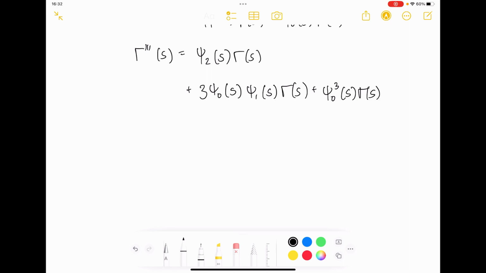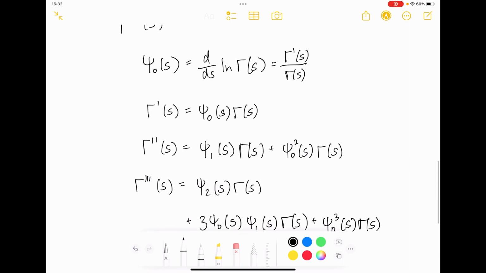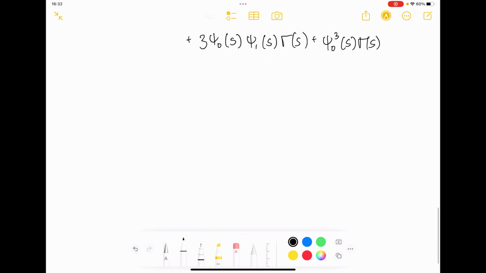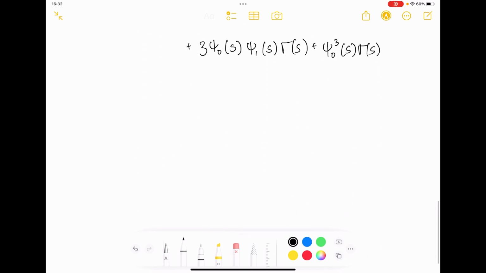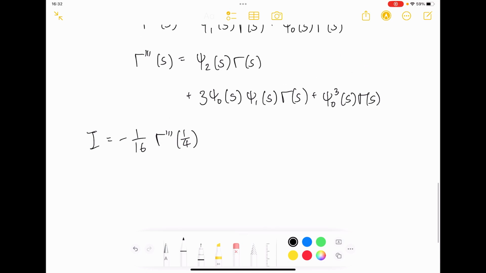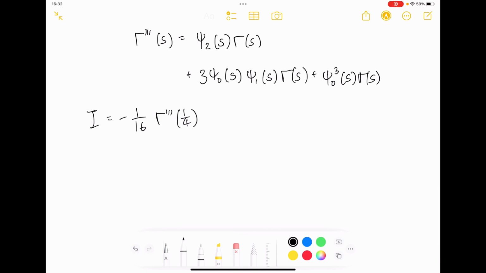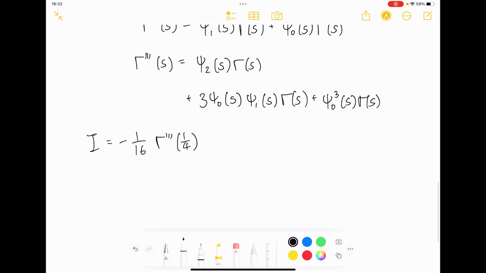So we are looking for, if we remember, I is negative 1/16 of the third derivative of gamma evaluated at a quarter. So we set s equal to a quarter, factoring out gamma of s because it's present in all terms.